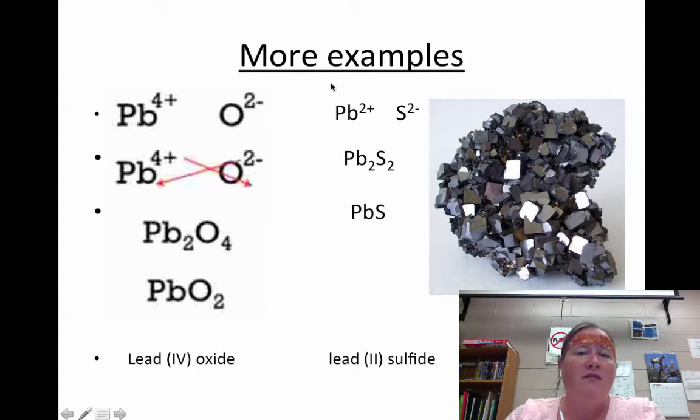Clearly, if you don't have the right charge listed on an ion, you're not going to end up with the right formula. So it's important that we begin to master this at this stage, because this will keep getting used again and again and again over the course of the year. I'm going to try to do some examples on the next slide of more binary ionic compounds, and that'll be the conclusion of this part.